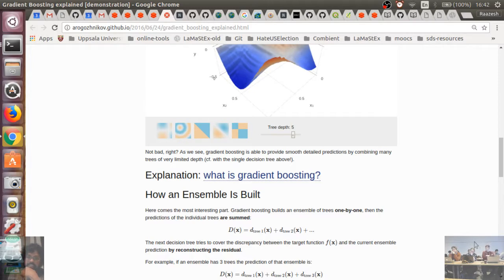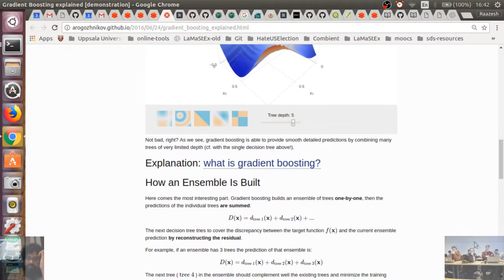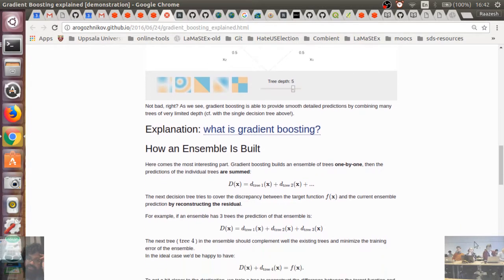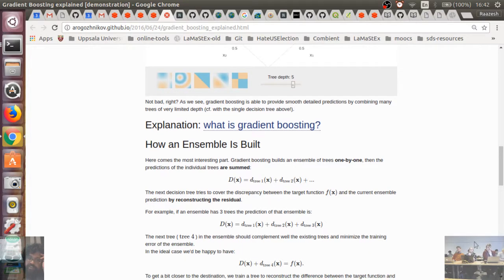So what's gradient boosting? What's nice here is that gradient boosting builds an ensemble of trees one by one. Then the predictions of the individual trees are summed, right? But the way it does this is interesting. The next decision tree tries to cover the discrepancy between the target function f of x and the current ensemble prediction.